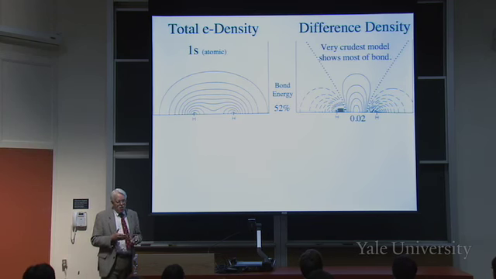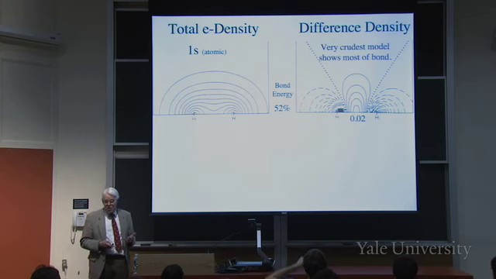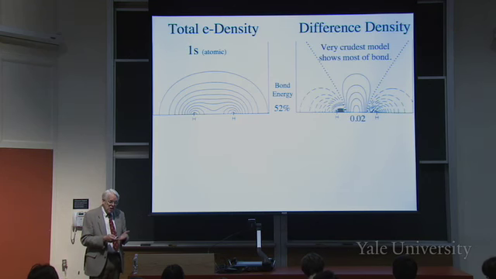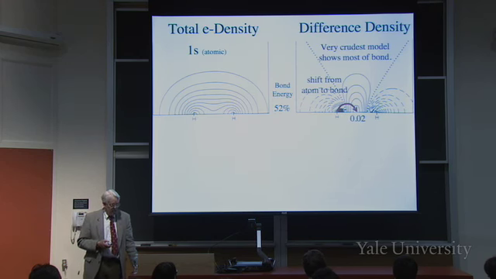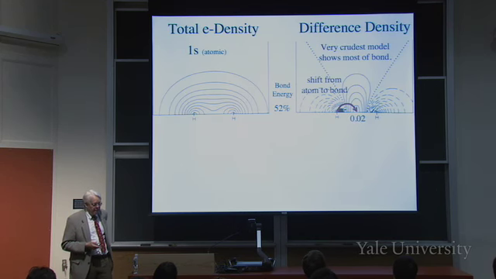But already we can take heart that the very crudest model shows most, 52%, of the energy of the bond. And it shows the electron density building up by 0.02 electrons per cubic Bohr radius. And what we saw qualitatively was a shift of electron density from the atom to the bond.